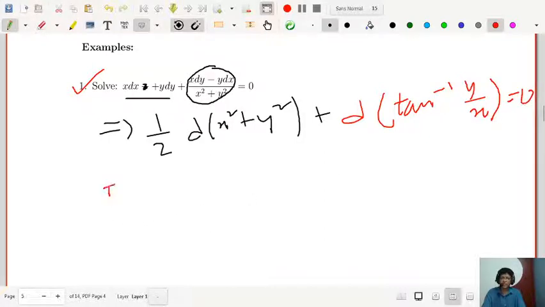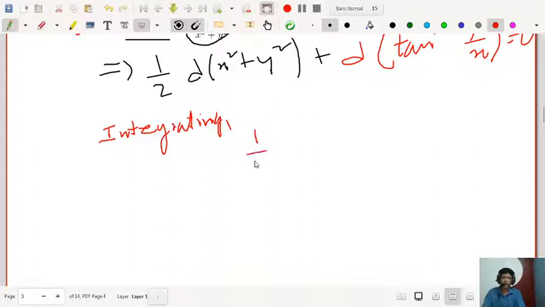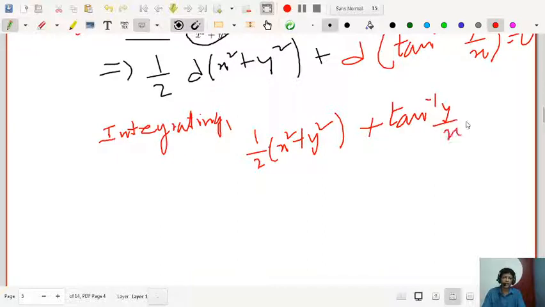So integrating, you have half x square plus y square plus tan inverse y by x equal to c.